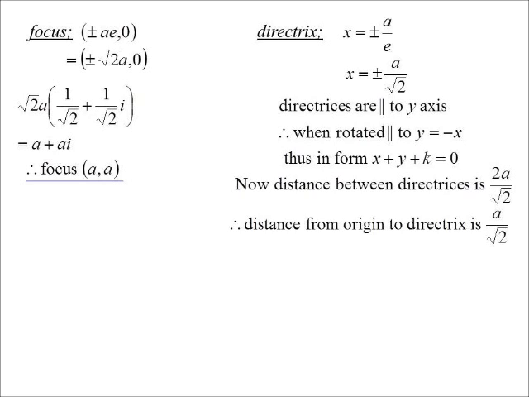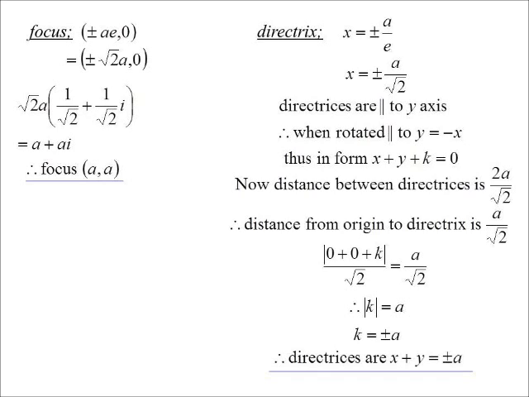All right, well, let's use the perpendicular distance formula. Subbing in the origin into the equation of my new directrix, x plus y plus k, well, x and y are both 0, so k over the square root of 2 is equal to a over the square root of 2. Lovely. Look what happens. k is a and minus a. So we get a lovely little equation there too. The directrices are just x plus y equals plus or minus a.